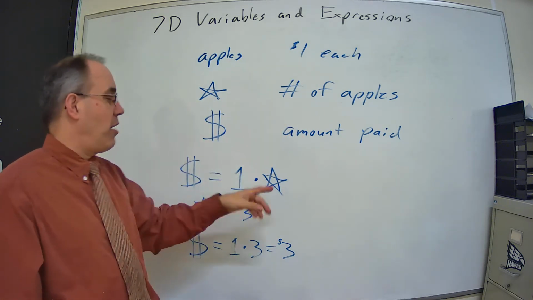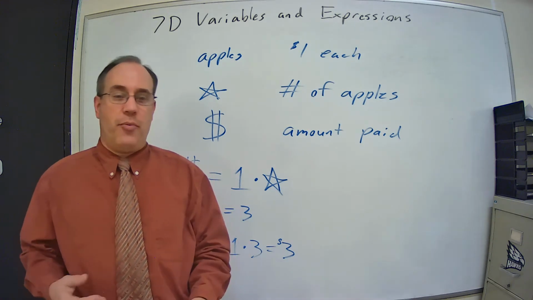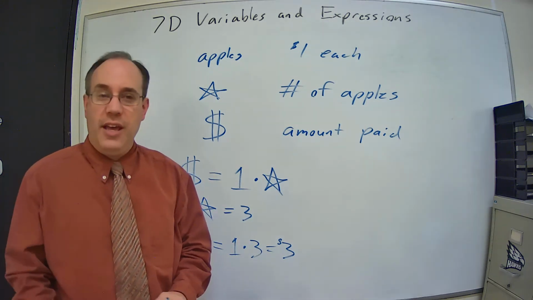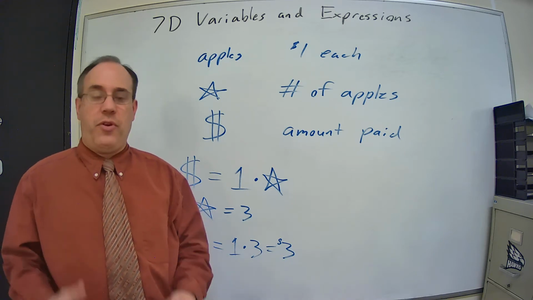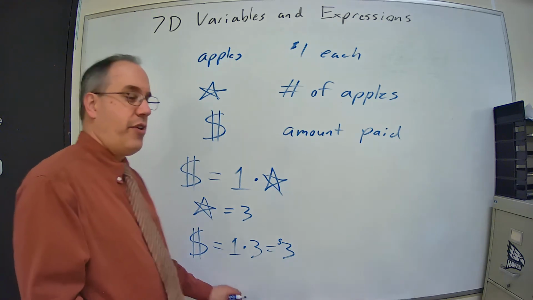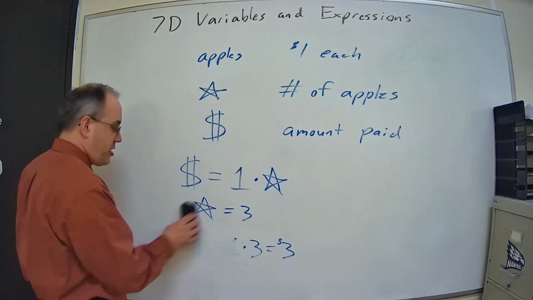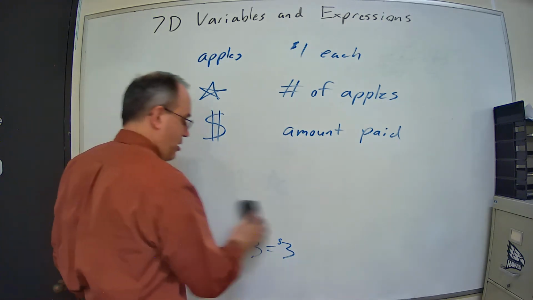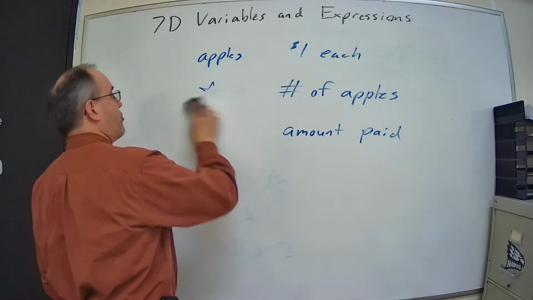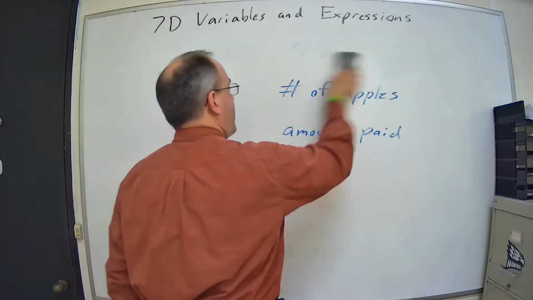So this star was my variable. Someone could buy 3 apples, so I say make the star equal to 3. Someone may buy 12 apples, so I make the star equal to 12. So that's the idea of variables, they're really just placeholders for numbers, when we don't know what that number is going to be, or when that number can change.